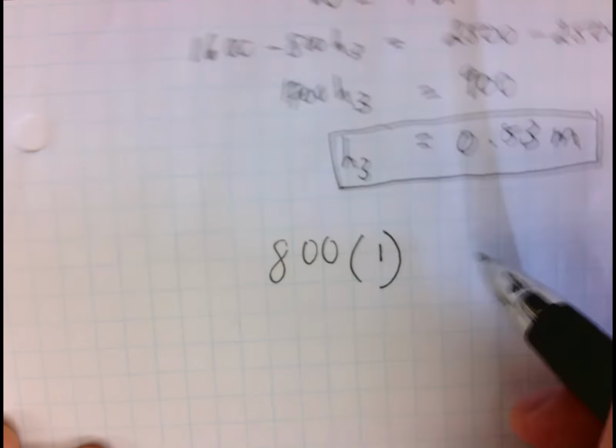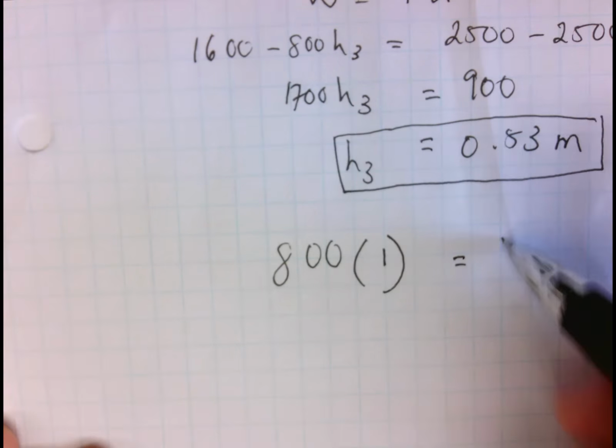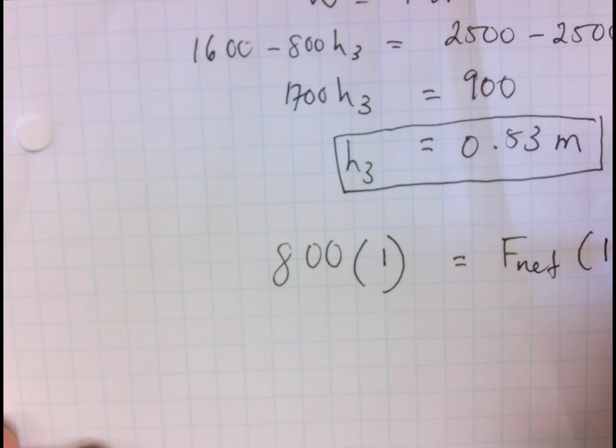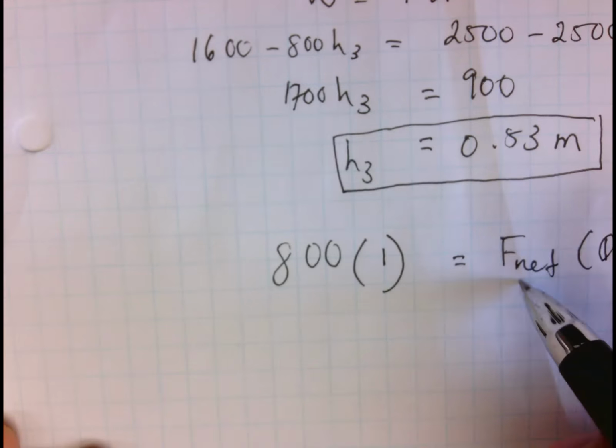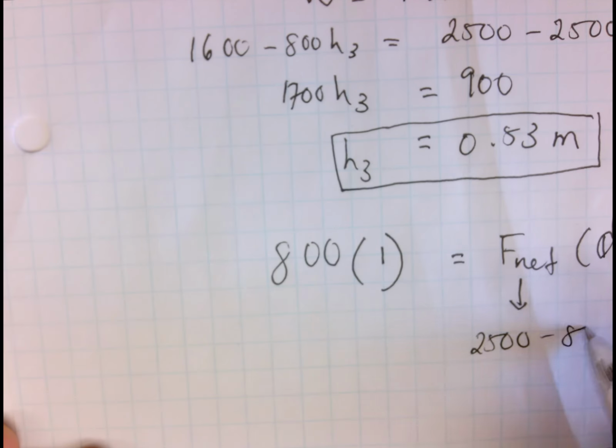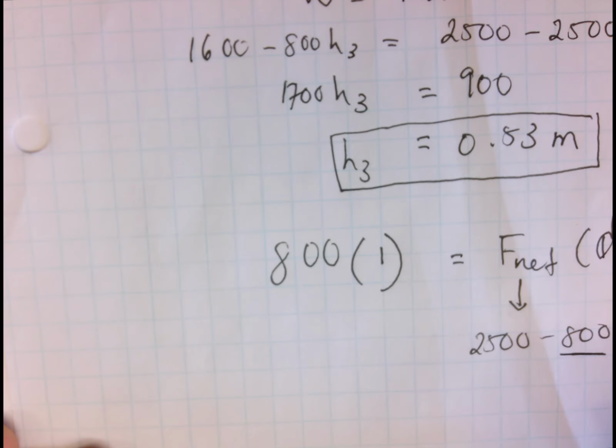So that's the force of gravity alone, and it is equal to the F net until the end, so from 1 to h3. But we can just call that distance d. And this F net is going to be 2,500 minus 800, because that's the normal force, and this is the force of gravity.